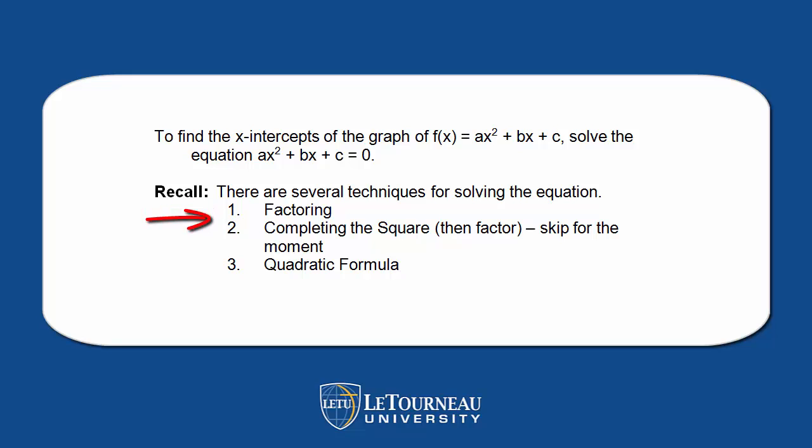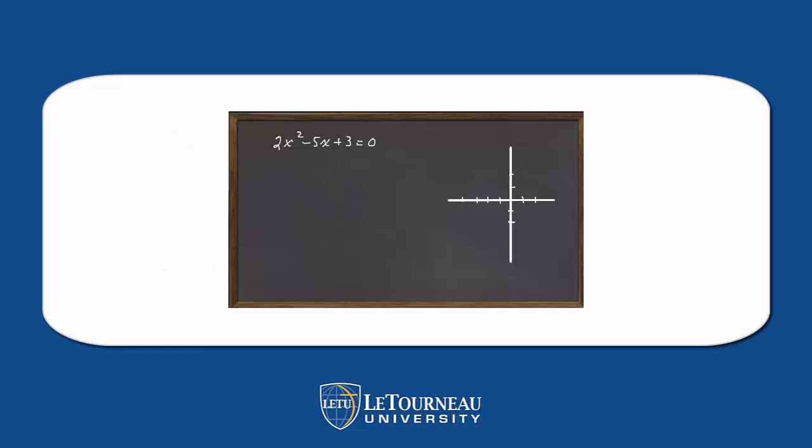Another technique is completing the square, which we will have to look at in another video, but for right now, we're going to skip it and go directly to the quadratic formula. Now, I'm sure you remember that, but let's review it just in case. We have 2x squared minus 5x plus 3. So we have x equals the opposite of b, that is 5, plus or minus the square root of 25 minus 4 times 2 times 3, all over 4.